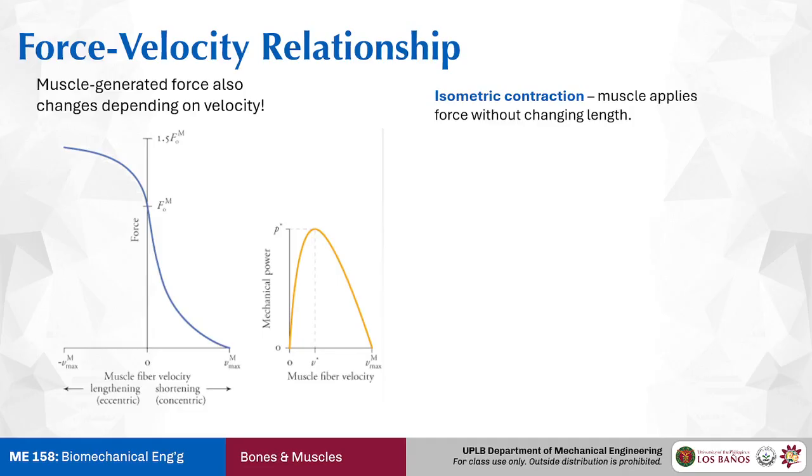Imagine that you're holding the dumbbells steadily with your arms at a 90 degree orientation. Your biceps brachii, you can feel it exerting some force to keep the forearms in a particular position, but the length of the biceps brachii is not changing. So that is isometric contraction.